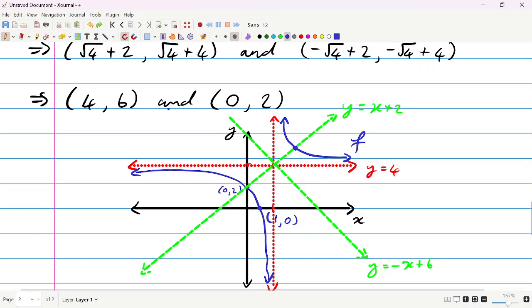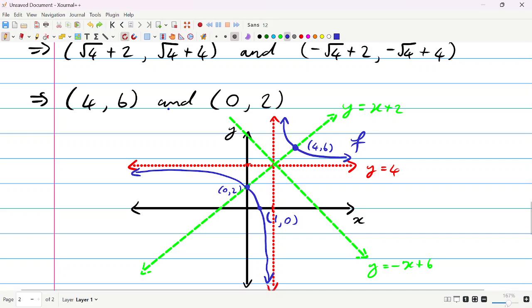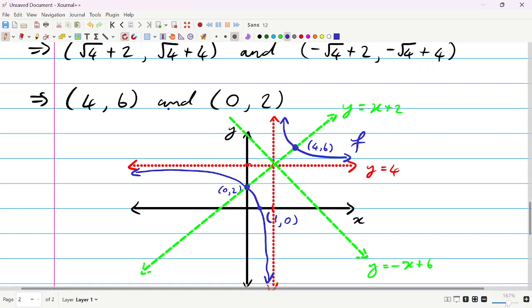Clearly this one is going to be 4 and 6 because it's much further along the x-axis, because 4 is greater than 0. And obviously here 0 and 2 is our y-intercept though. That's interesting. So this is also our point of intersection.